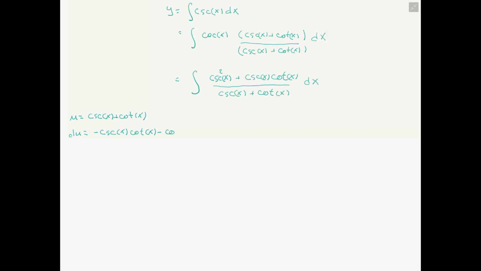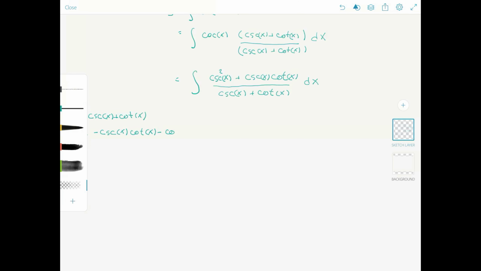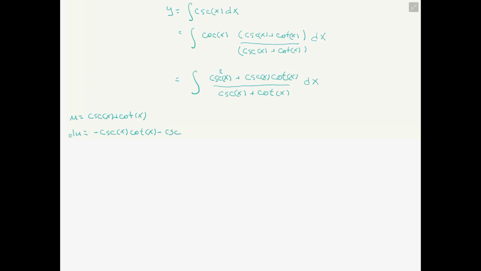So we say u equals cosecant of x plus cotangent of x, and du equals minus cosecant of x cotangent x minus cosecant squared of x dx.